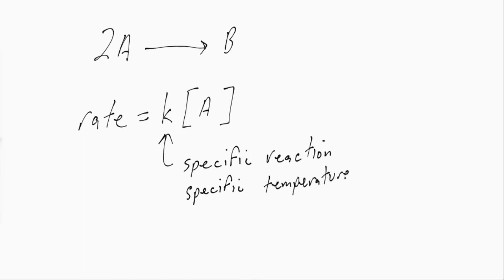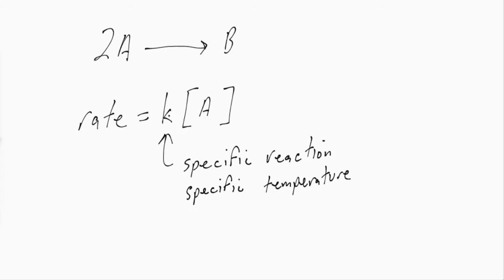So you can only use K for a certain reaction at a certain temperature, and then you can definitely plug in the concentration of your reactant, multiply it by the proportionality constant, and it will give you the rate. So this will be different for every type of reaction and even the same reaction at different temperatures.